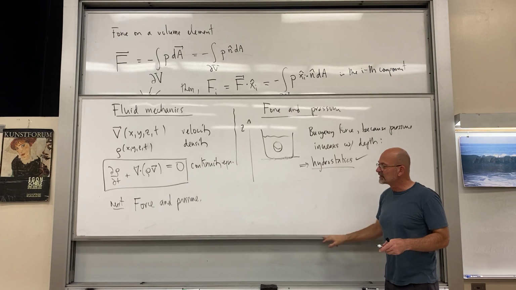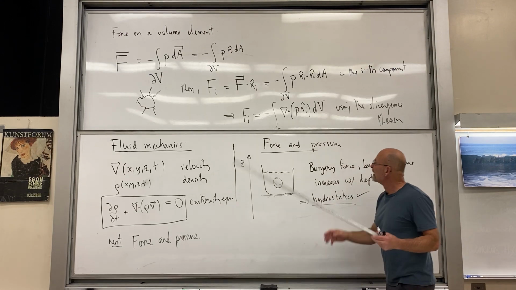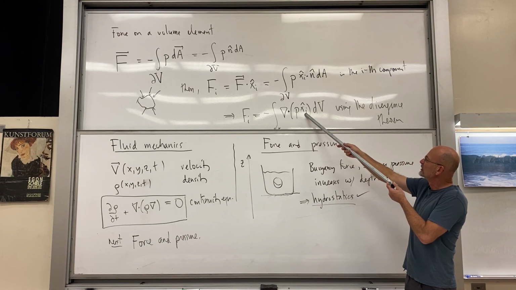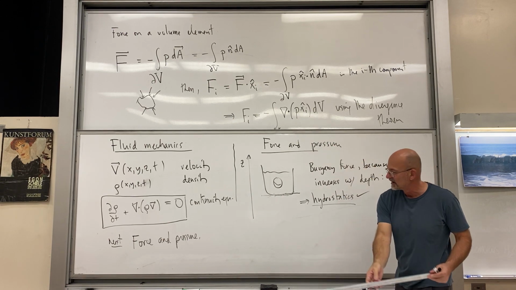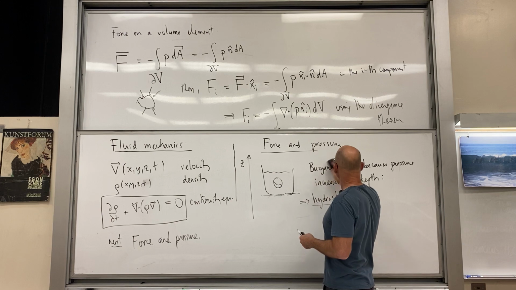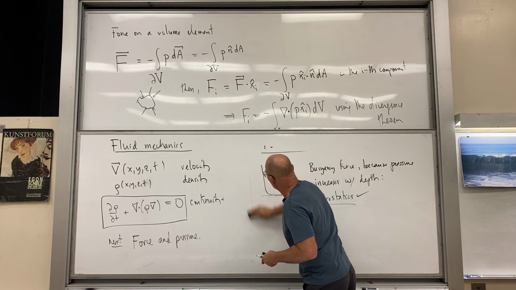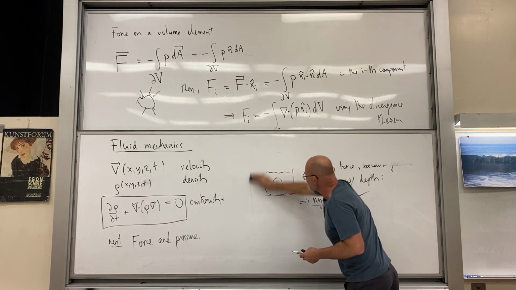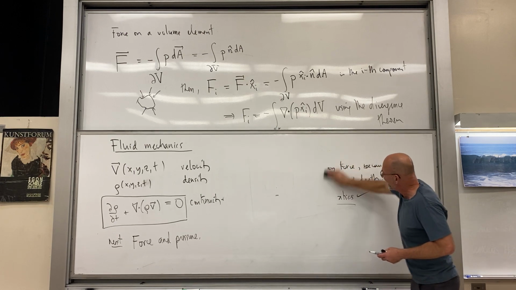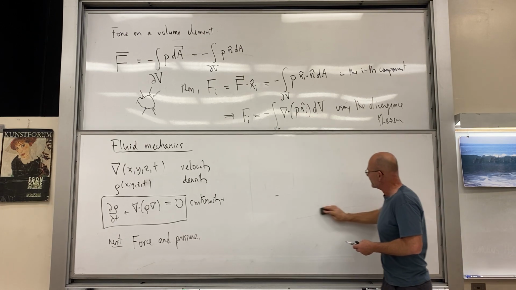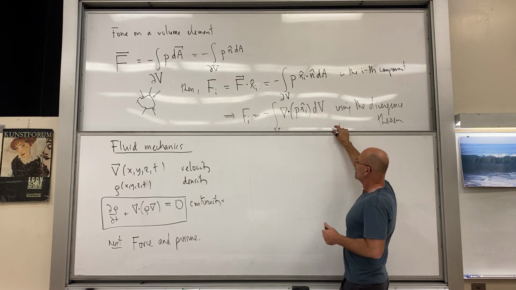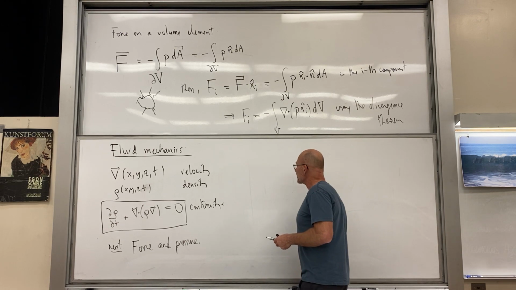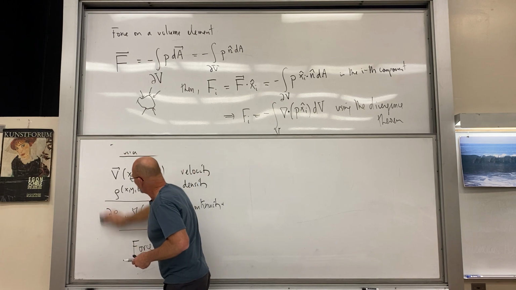Okay, so what is the divergence of this pressure times this unit vector? Divergence of a vector is a scalar, so that's what we need. And we need an identity from vector algebra that I'll have you guys prove just for practice. Here, let's go ahead and erase all of this.